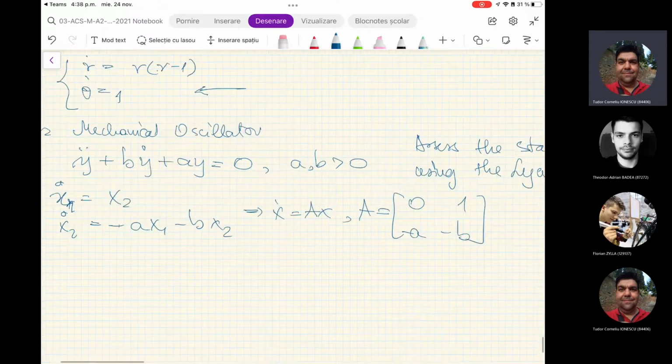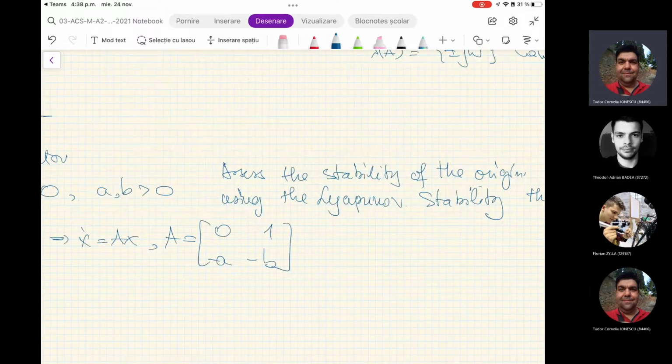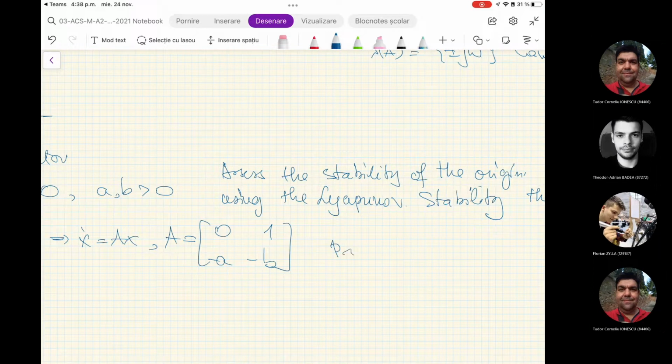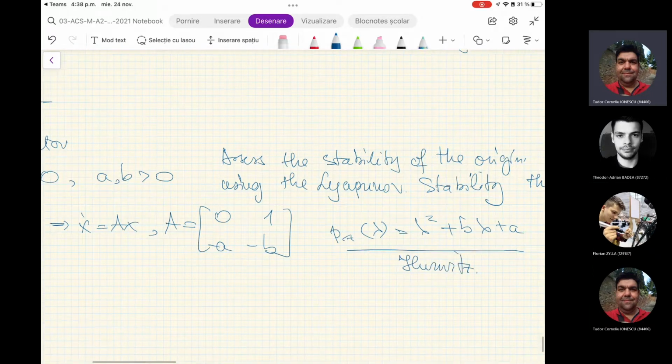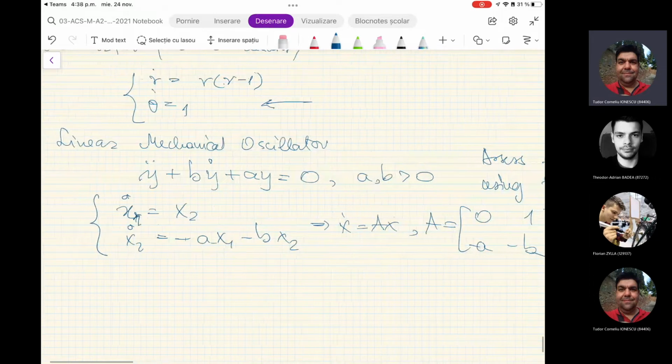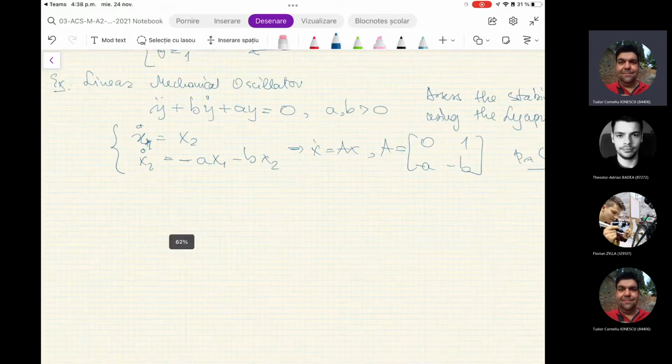Of course, you know from linear systems theory that this is the companion matrix.